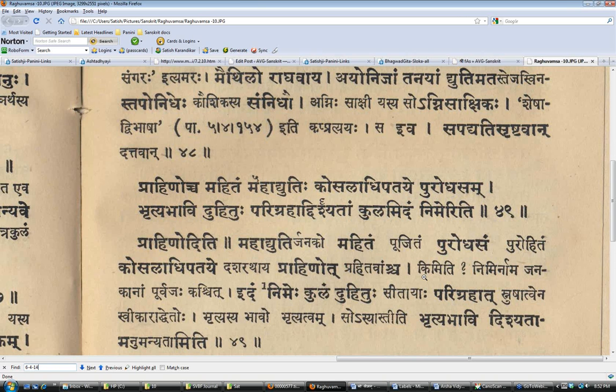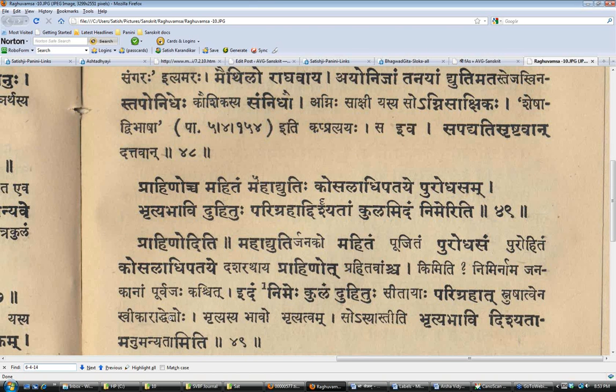Duhituhu is Sitayaha. Parigrahat means snushatvena svikarad hetoho. Understand this? Snushatvena svikarad. So by accepting Sita in the form of a daughter-in-law, hetoho, by accepting that.